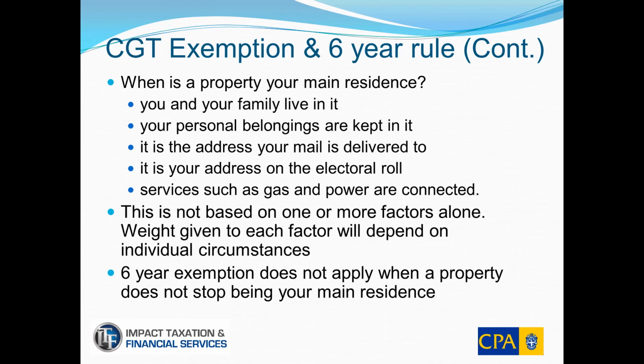You change your electoral roll? Yes. You did? Okay, then in that case, if the overall situation is showing that you are basically changing to one property, then you rent the other property out, then you can say you have basically stopped living in one of them as your main residence. Then that 6-year rule does apply.